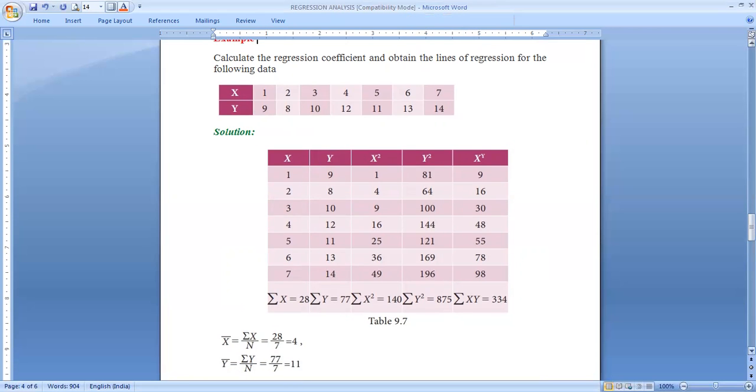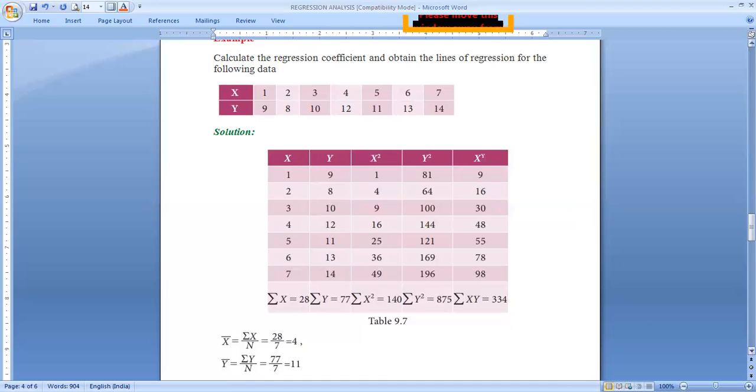For the two variables x and y, the values of x are 1, 2, 3, 4, 5, 6, and 7, while the values of y are 9, 8, 10, 12, 11, 13, and 14. So when we have to find the regression coefficient and the lines of regression, first we have to make a table for the variables x and y, then x square, y square, and xy, meaning the product.